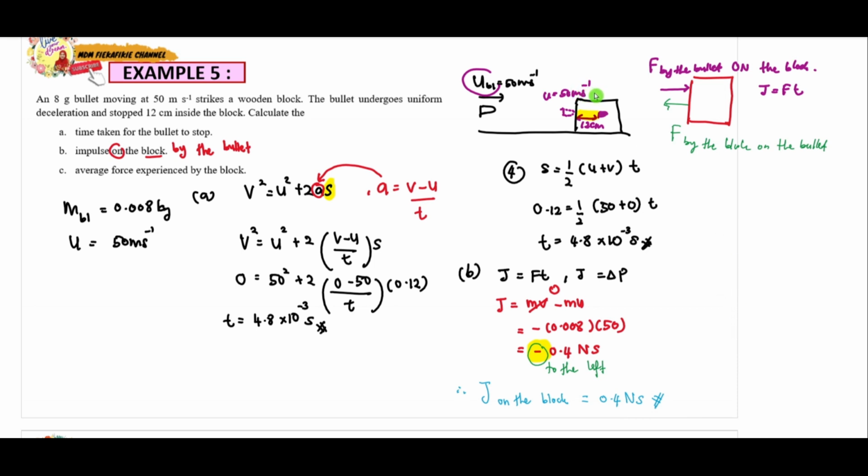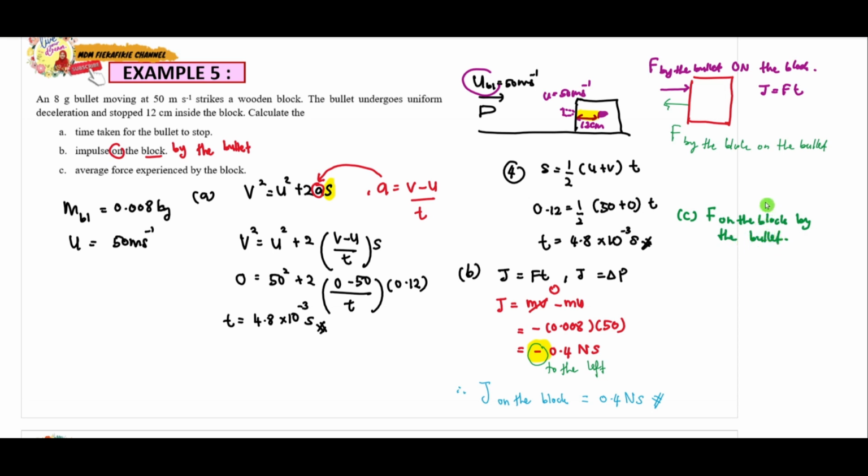So question C. Question C, we want to calculate average force experienced by the block. Average force experienced by the block maknanya pada block itulah. On the block, daripada siapa? Force exerted, mestilah force exerted by the bullet.